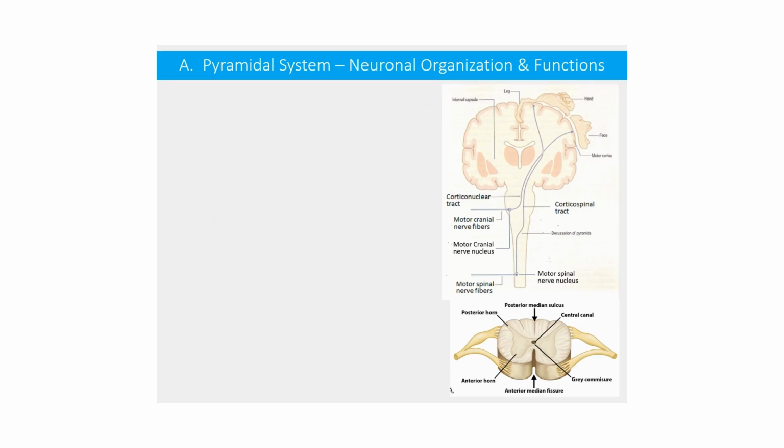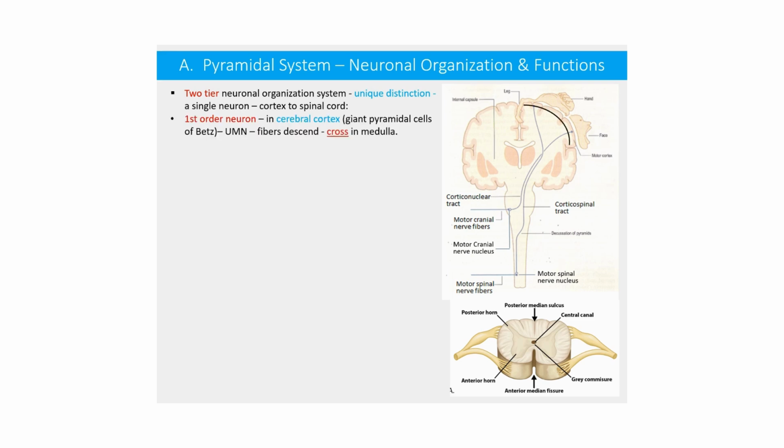First, the neuronal organization and functions of the pyramidal system. The pyramidal system is a two-tier neuronal organization system having a unique distinction of being a single neuron which travels all along from the cortex to the spinal cord. The first order neuron of this system is present in the cerebral cortex in the shape of giant pyramidal cells of Betz.